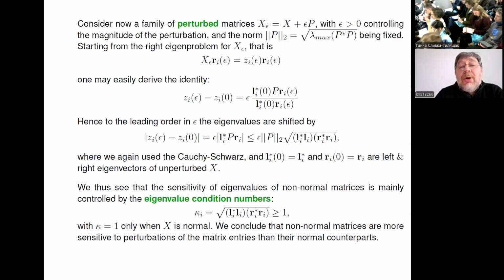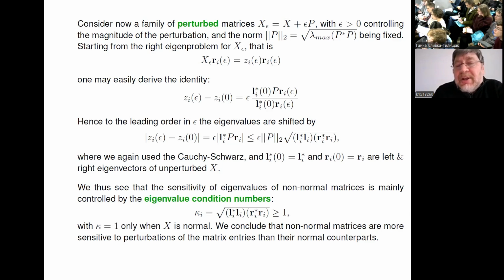Now, multiplying it from the left with the left eigenvector of the unperturbed matrix X, we can easily derive the identity that the difference between eigenvalue Zi at some value of the parameter epsilon and Zi at epsilon equals 0 is just equal to epsilon times the ratio of the perturbation P sandwiched between the left eigenvector of the unperturbed matrix X, times P, times from the right the eigenvector of the perturbed matrix, divided by the scalar product of left unperturbed and right perturbed.